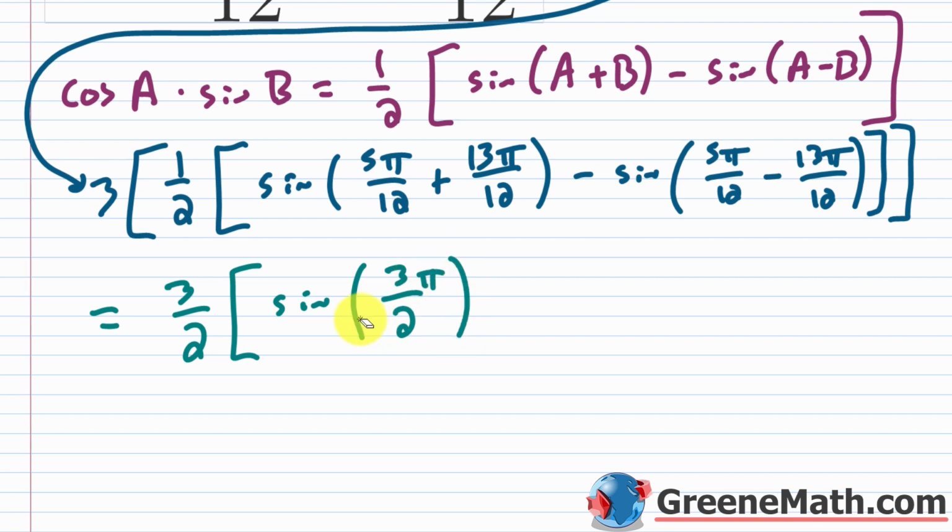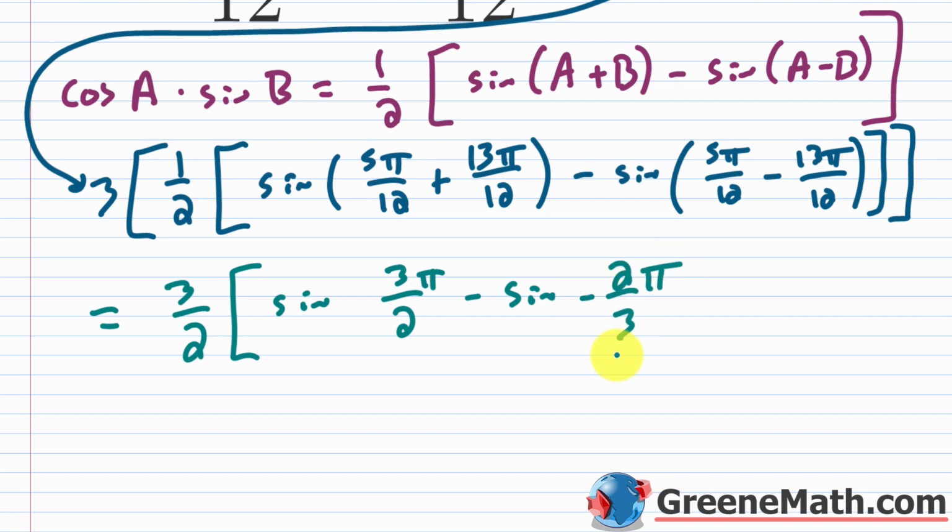Okay, so you want sine of that. And then minus the sine of, you're going to have 5 minus 13, which is negative 8 over 12. Now forget about the fact that it's negative. If you have 8 over 12, 8's divisible by 4. 8 divided by 4 is 2, and 12 divided by 4 is 3. So this would be 2 pi over 3.